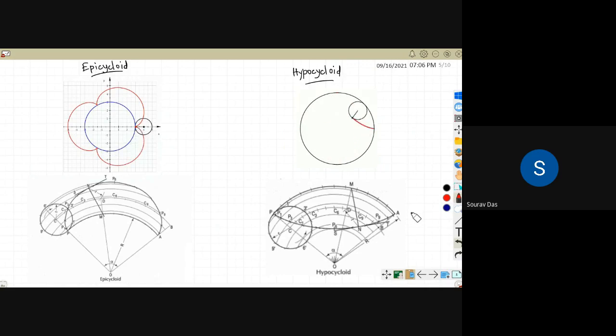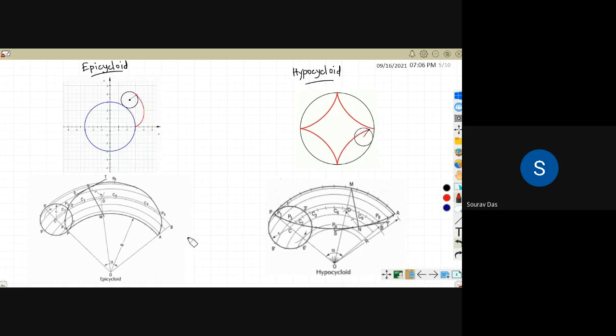Now next is epicycloid and hypocycloid. The curve generated by a point on the circumference of a circle which is rolling on another circle outside it is known as epicycloid.